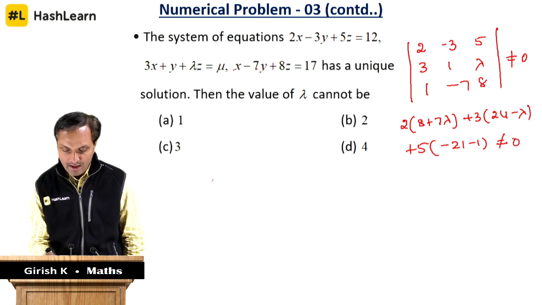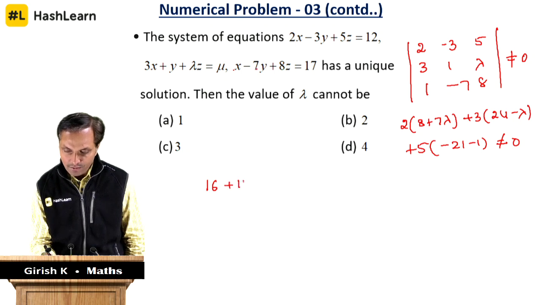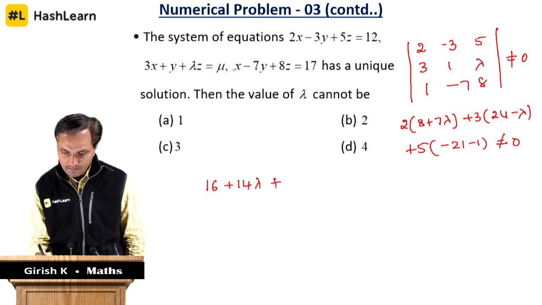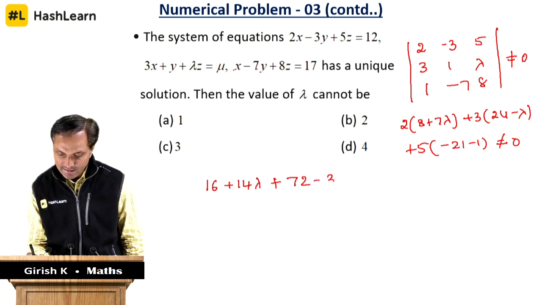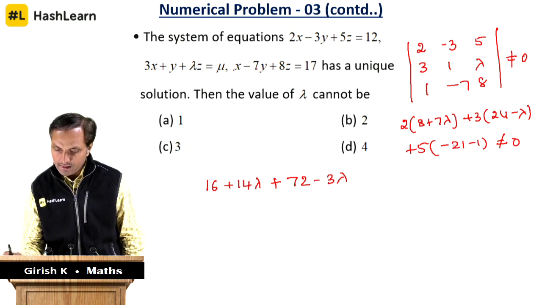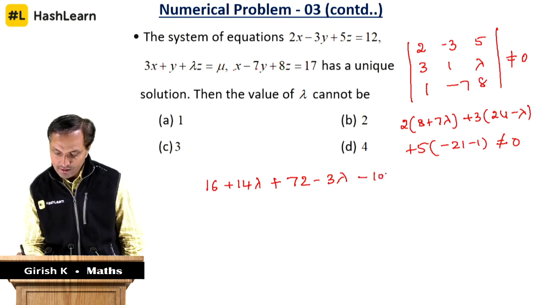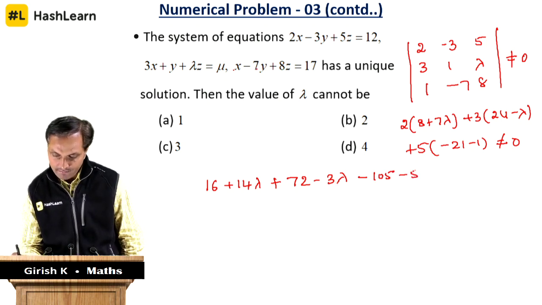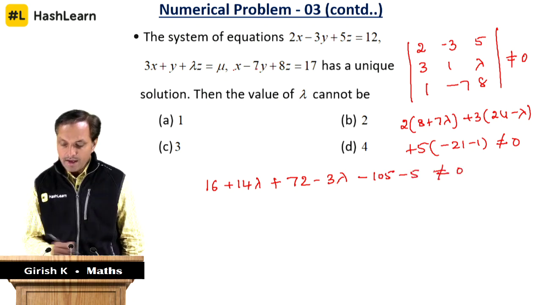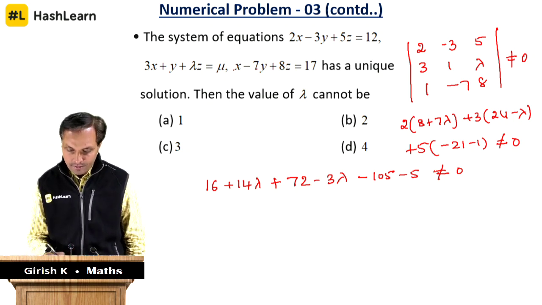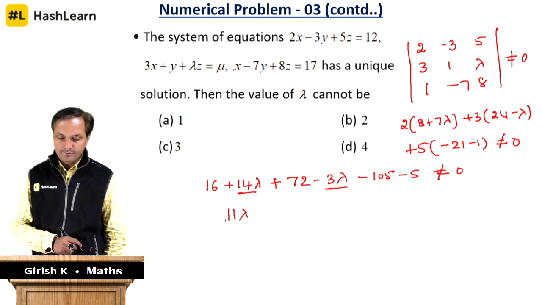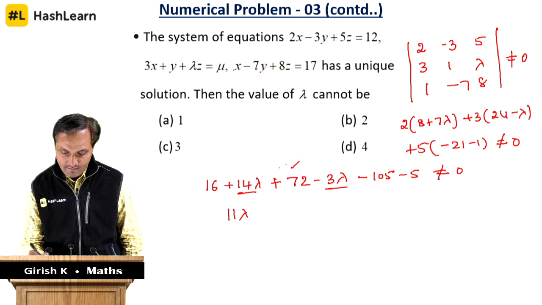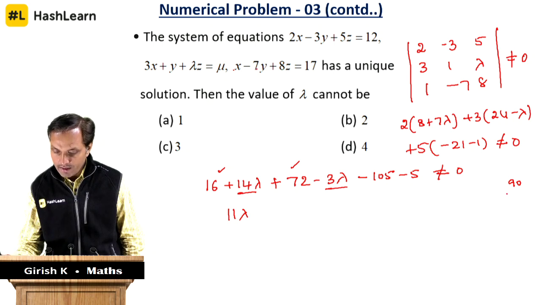Okay, so once you multiply, 16 plus 14 lambda plus 72 minus 3 lambda, that is minus 105 minus 5. That should not be equal to 0. So what does this give you? This is 14 lambda minus 3 lambda will give you 11 lambda, and this will give you 72 plus 16 is 88, minus 110.